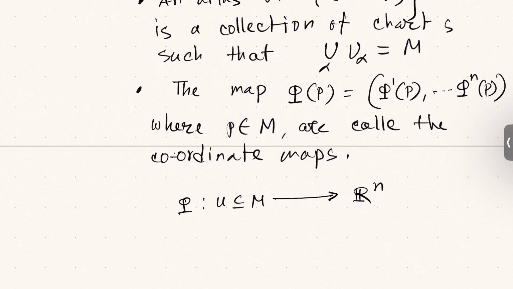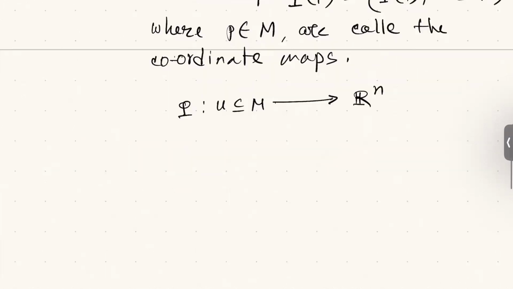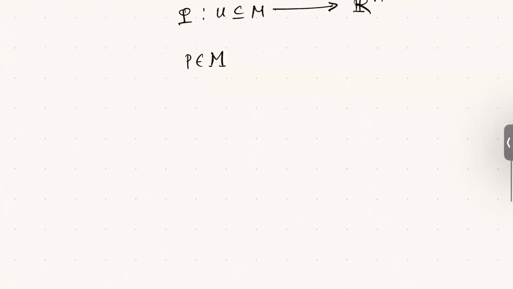So basically, p is a point in the manifold, but what do we mean by a point on the manifold? Let's say this is a point on the Earth, but how do I model this point to do mathematics? If I map this point p to some Rn, then I get what?